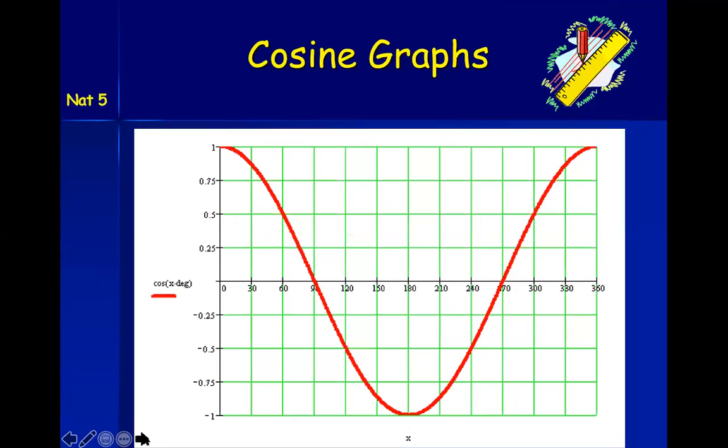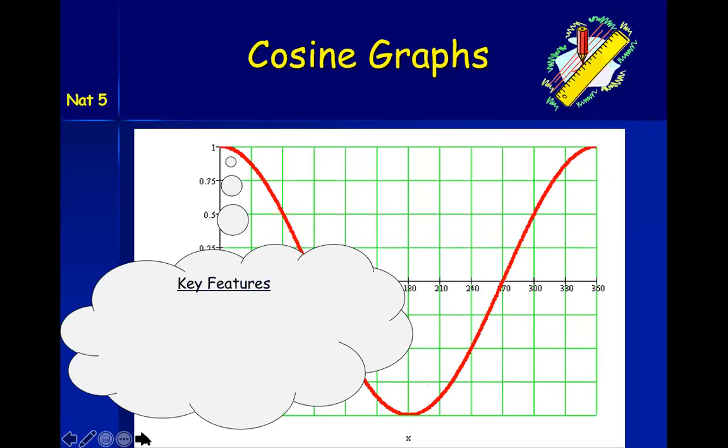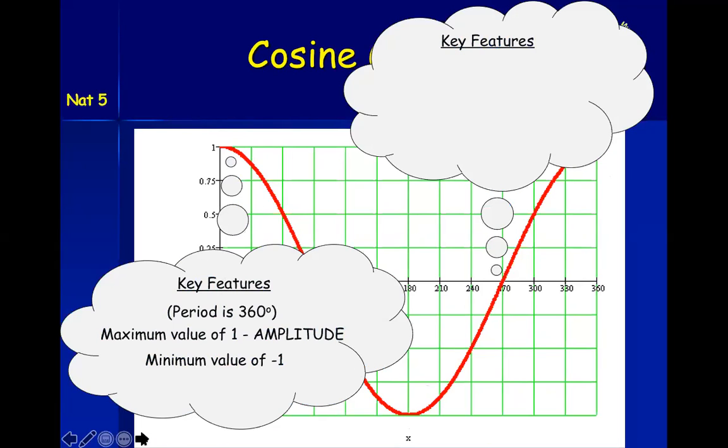We did the same looking at the cosine, but this time, okay, the period is the same with 360 for the key features. The maximum value was 1, which happens when my angle is at 0 or when my angle is at 360. And the minimum value is at -1.